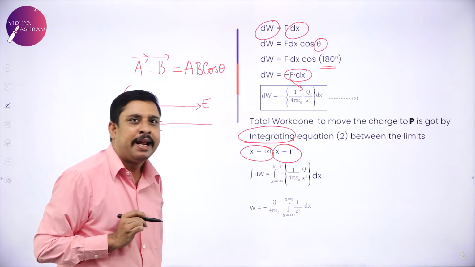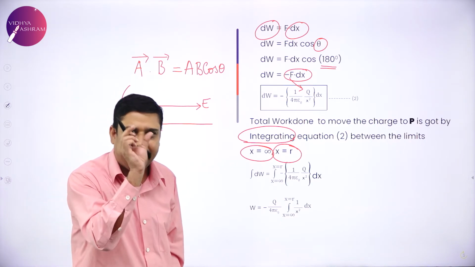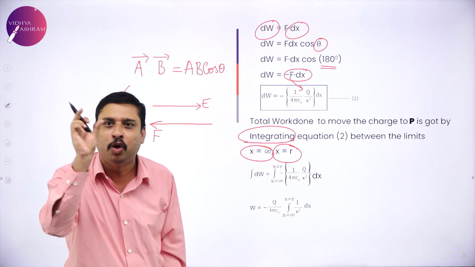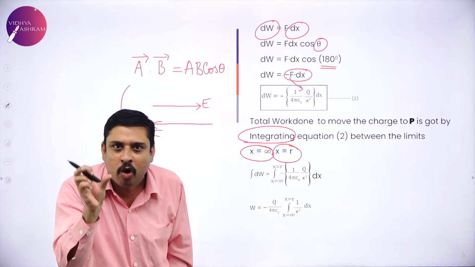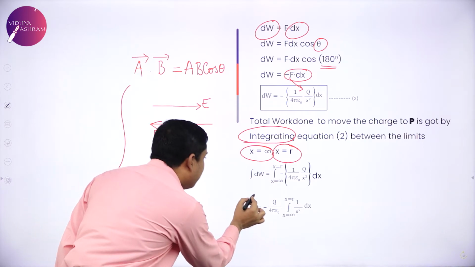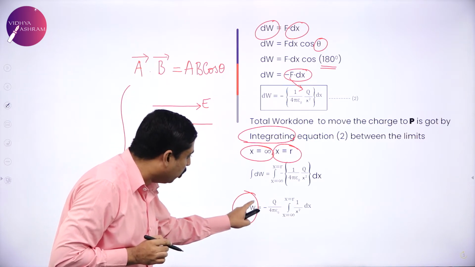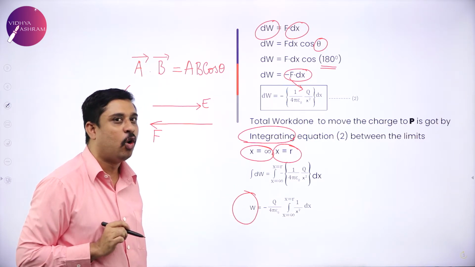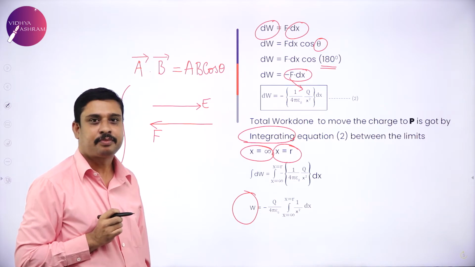Now what will my integral dw on the left hand side give? dw plus dw plus dw, small work plus small work plus small work will give me total work done. So W equals, now follow, how do you integrate the right hand side?